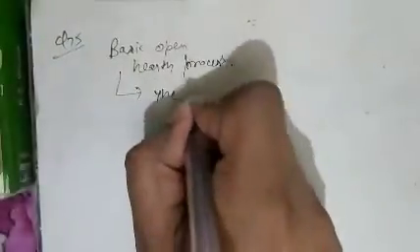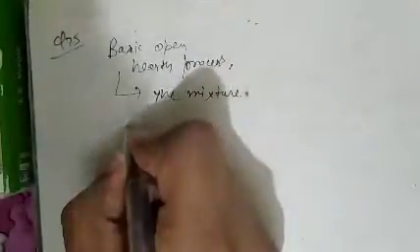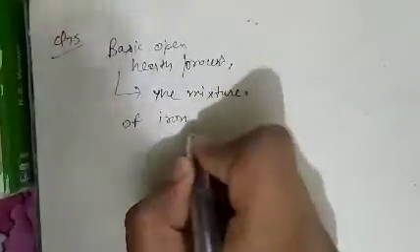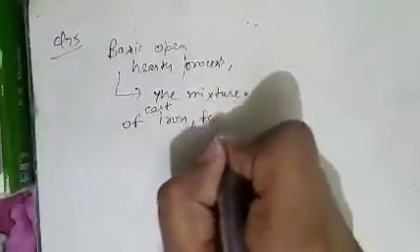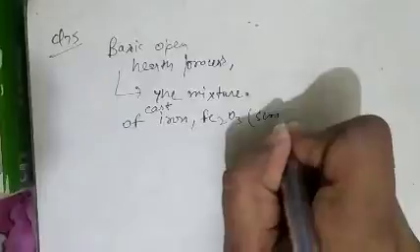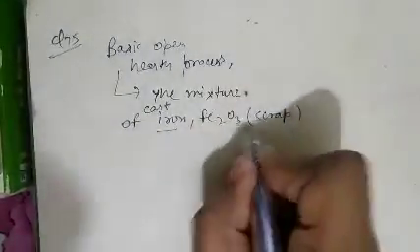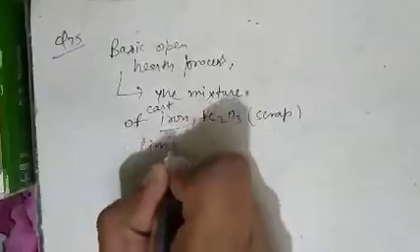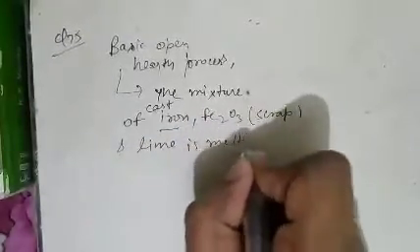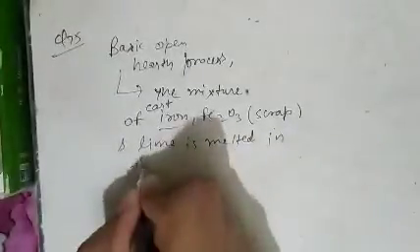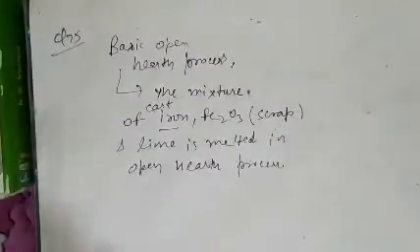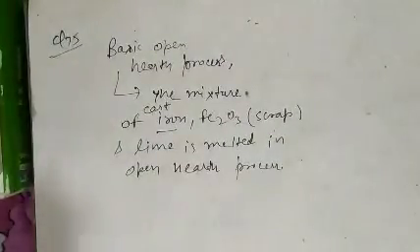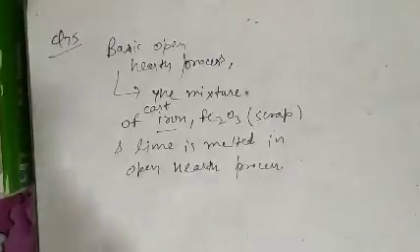As we know that in the basic open hearth process, the mixture of cast iron and Fe2O3 scrap and lime is melted in the open hearth process. So limestone is added to the charge.